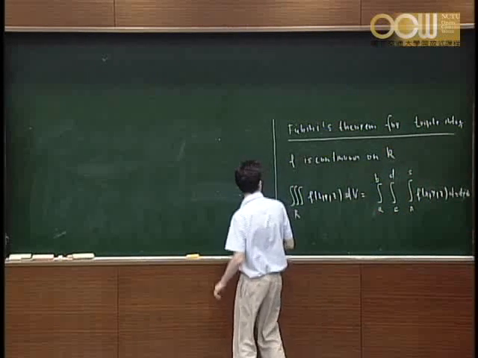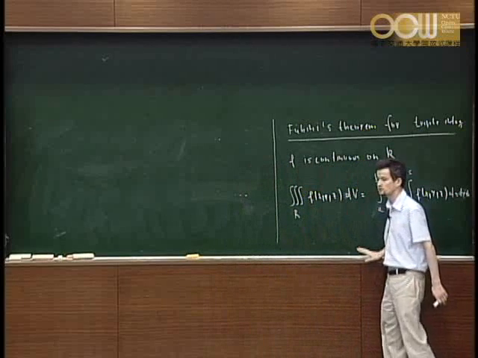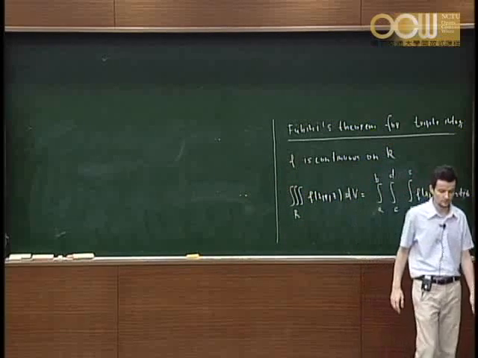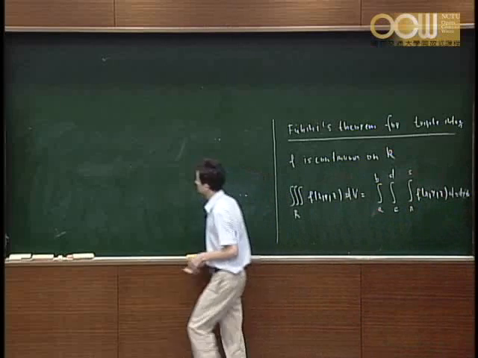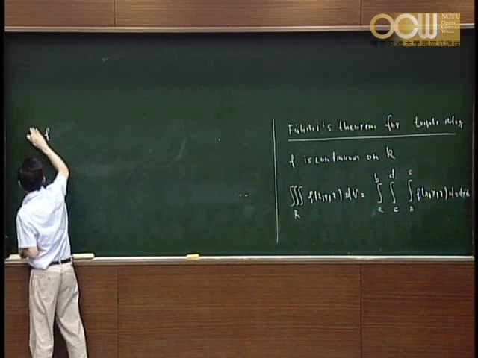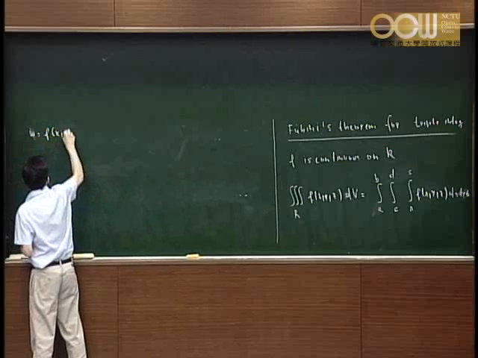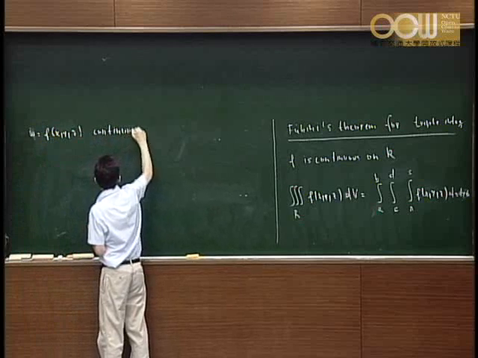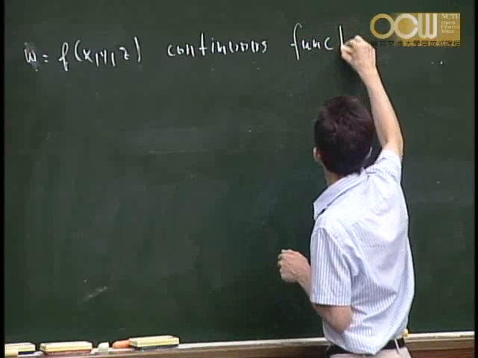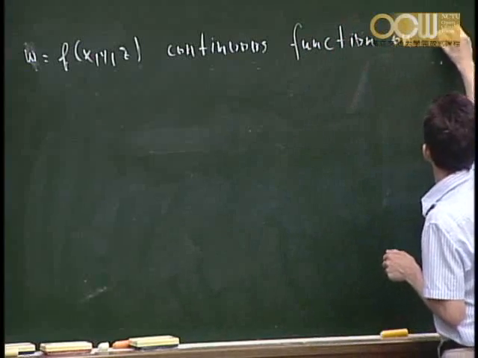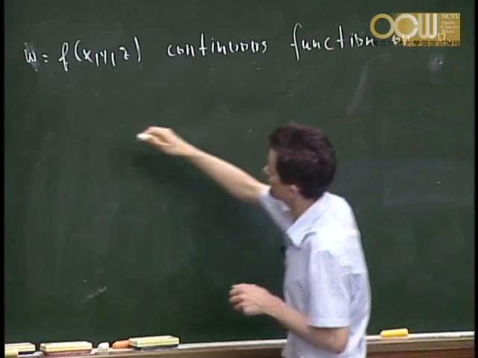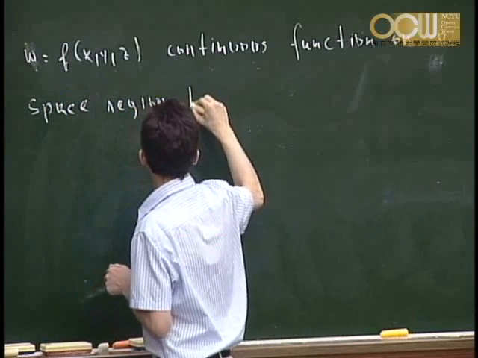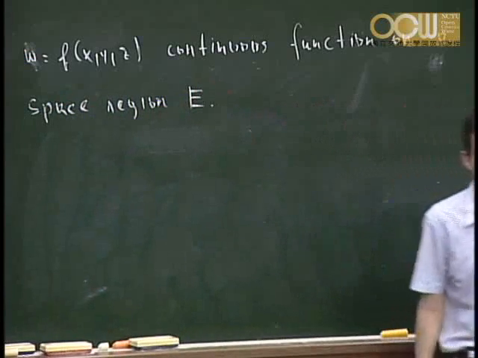Now, as for general regions, up to now we defined the triple integral just over a box. You can extend the definition to a general region. So assume now that f is a continuous function on a space region E, not necessarily a box anymore.